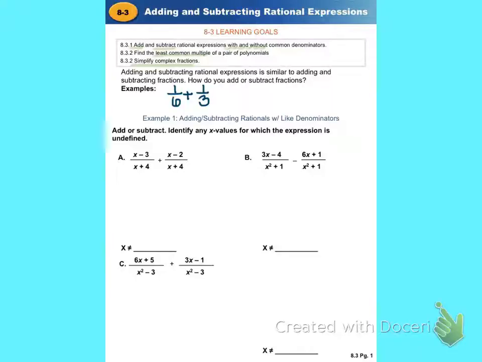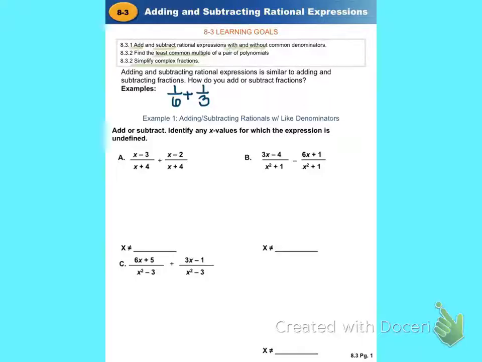We want to get it as small as possible, but yet works so that both denominators divide into it evenly. And so right away when I think about 6 and 3, the tendency might be to think 18, because 6 times 3 is 18, but there's a smaller number that they both go into. They both go into 6. So actually, if I chose 6, I wouldn't even have to change the denominator on 1/6.